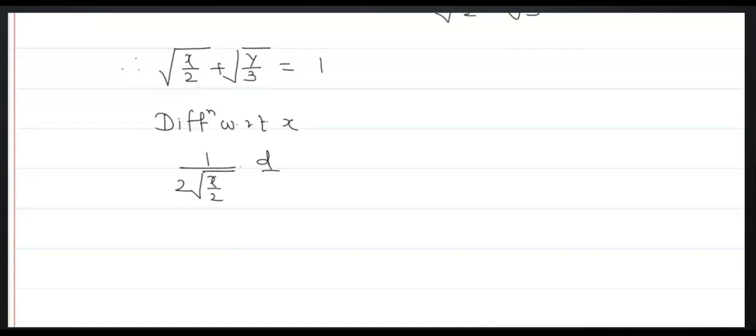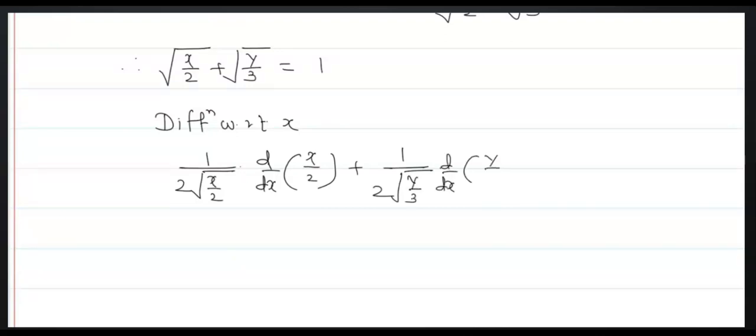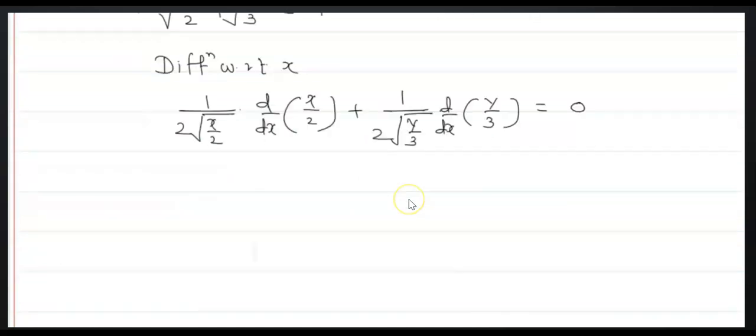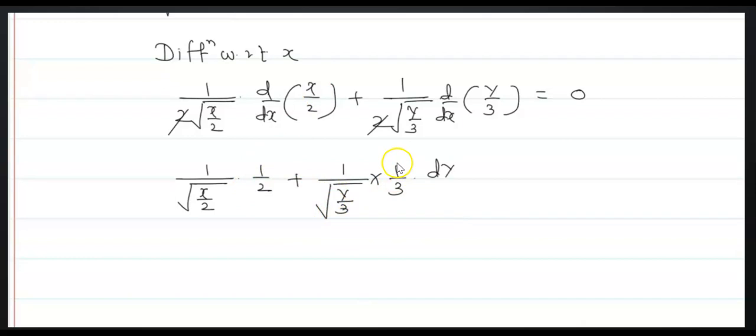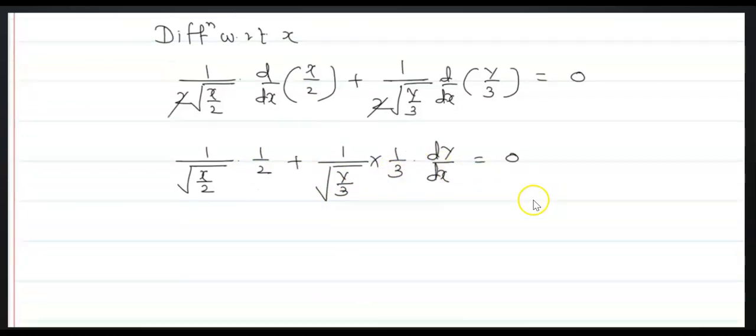Derivative of root of x upon 2 is 1 upon 2 root of x upon 2 into derivative of x upon 2, plus 1 upon 2 root of y upon 3 into d by dx of y upon 3, is equals to 0. Now overall 2 gets cancelled, then you will get 1 upon root of x upon 2, derivative of x upon 2 is 1 upon 2, plus 1 upon root of y upon 3 into 1 upon 3 into dy by dx is equals to 0.